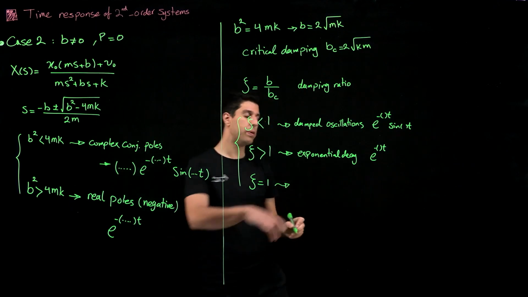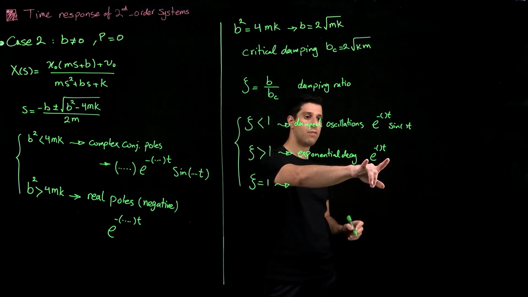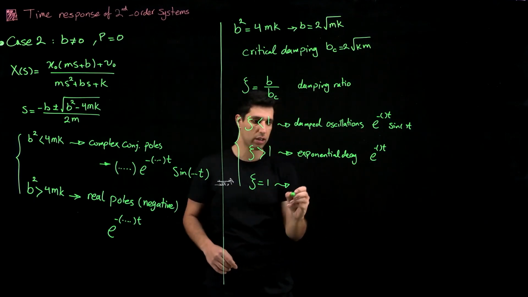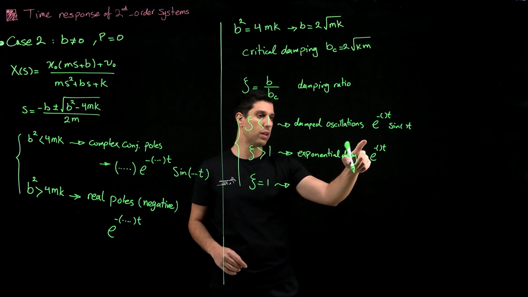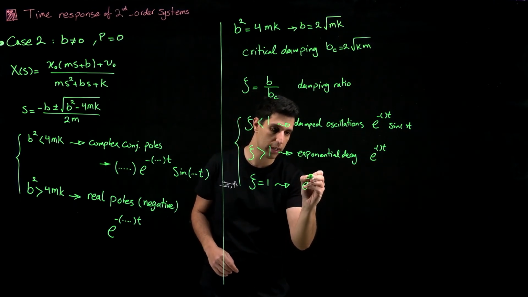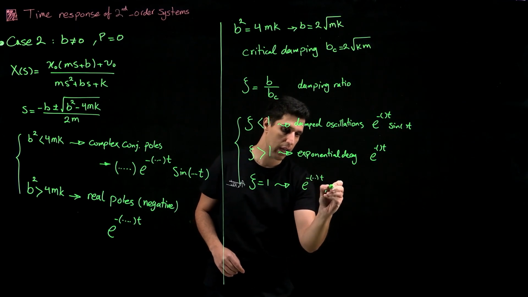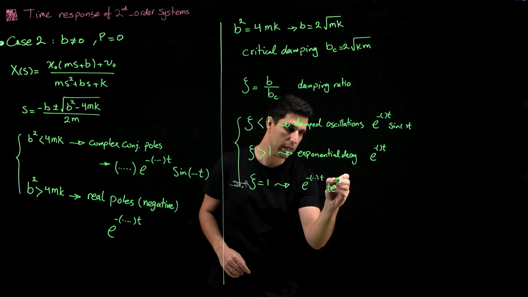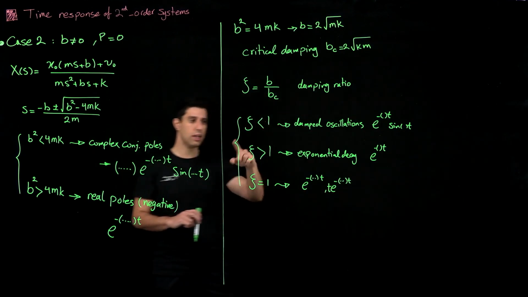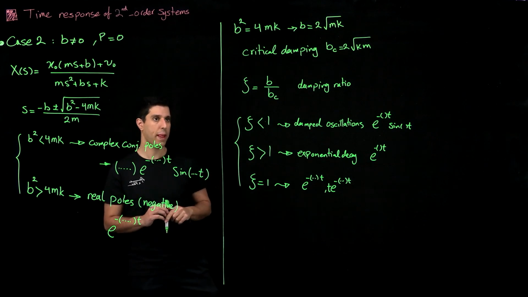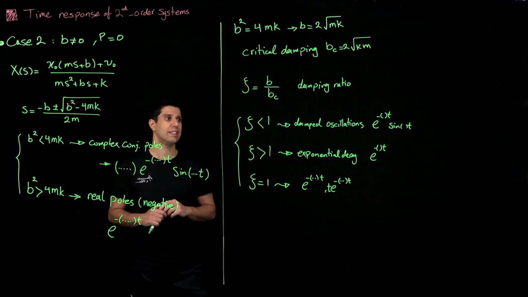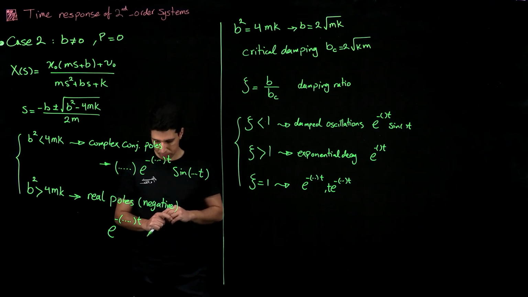And if you remember, repeated poles means that I have one term that looks like this, and another one that looks like t multiplied by that. So I'll have two terms, one e to the minus something t, and t times e to the minus something t. It is still an exponential decay that doesn't show any oscillation. So these are the descriptive behaviors of the system.